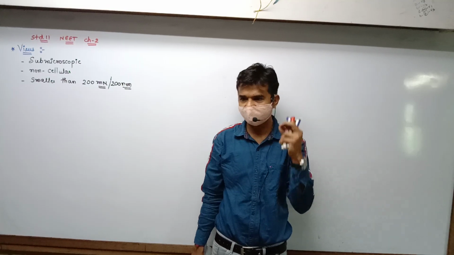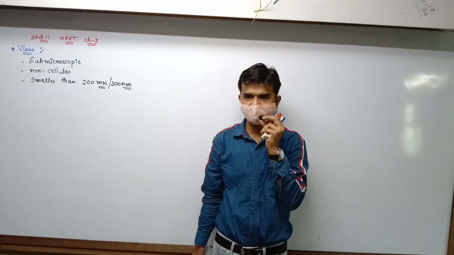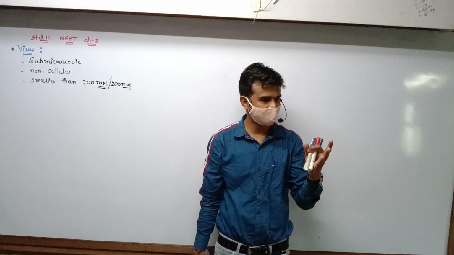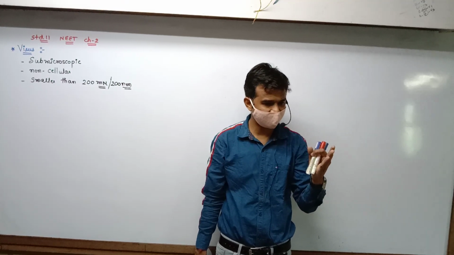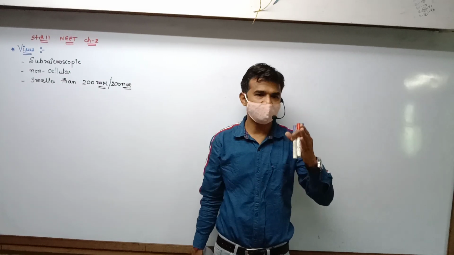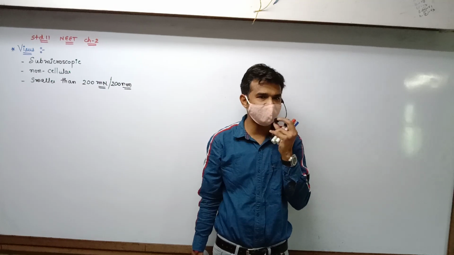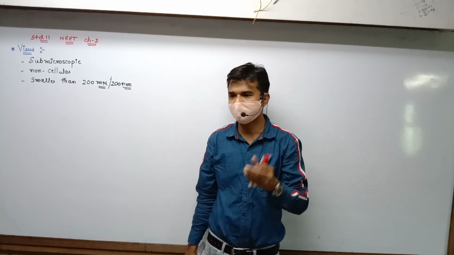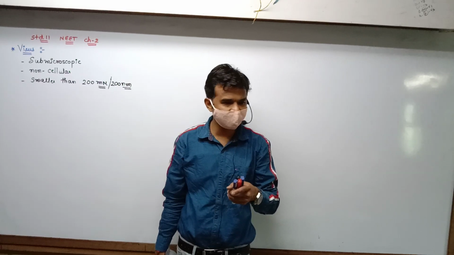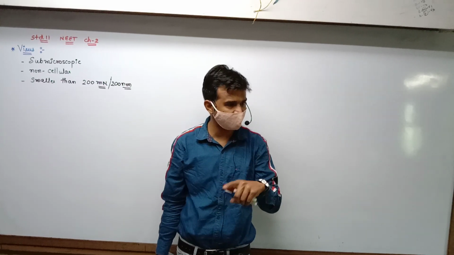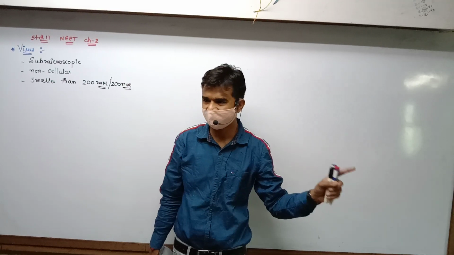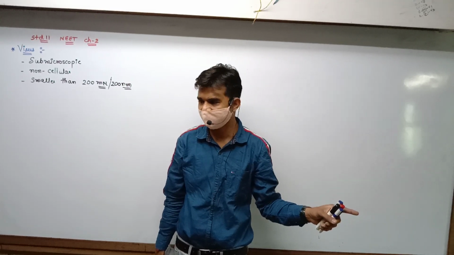For metabolic process, we have RNA. Three types of RNA we have: rRNA, tRNA, and mRNA. So the host cell's ribosome can be used by the genetic material of the virus, and according to the virus gene, our ribosome forms the protein according to the codons present on the gene.